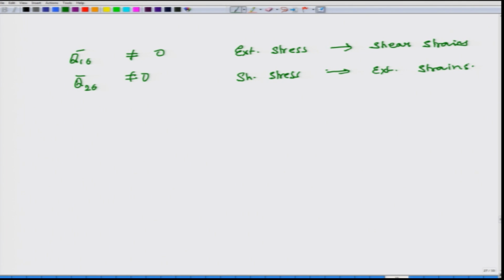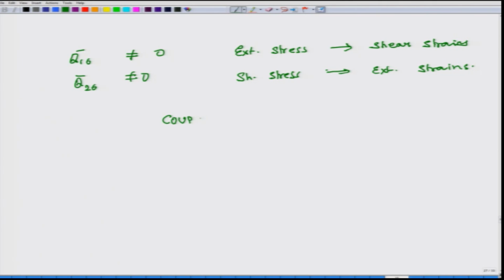This was not the case for specially orthotropic material because Q16 and Q26 were 0. But once we move to the land of general orthotropy, then there is a coupling between shear and extensional effects.